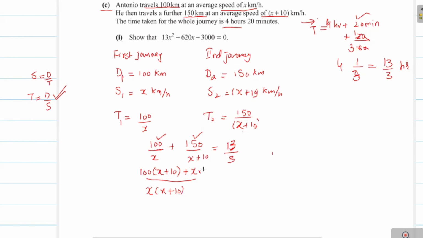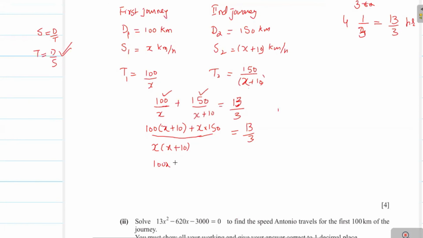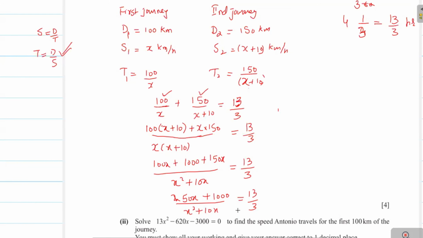Now 150 multiplied by x, so 100x plus 1000 plus 150x over x square plus 10x equal to 13 over 3, and this will be 250x plus 1000 over x square plus 10x equal to 13 over 3.